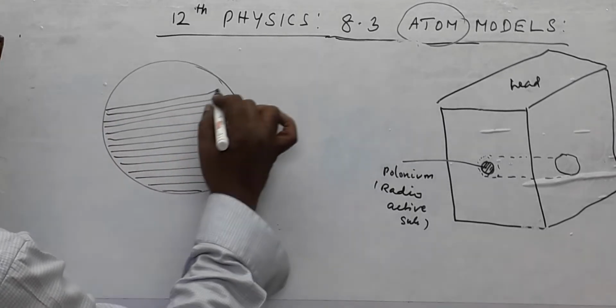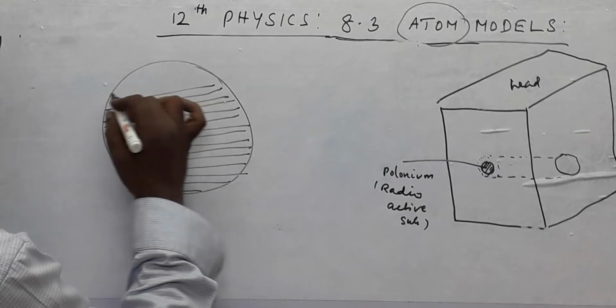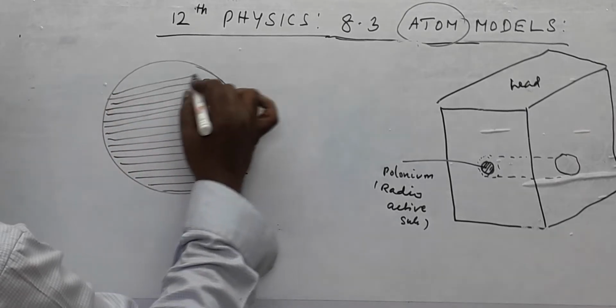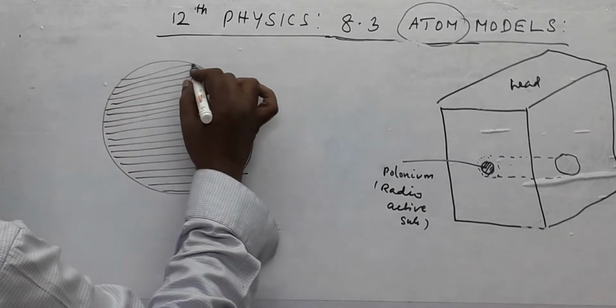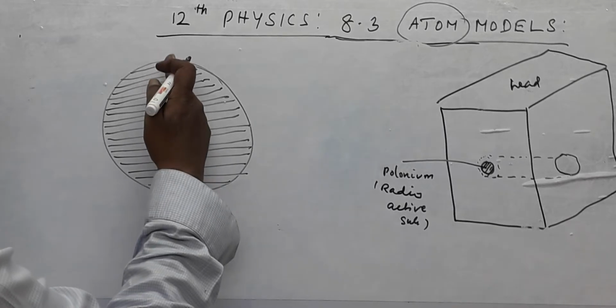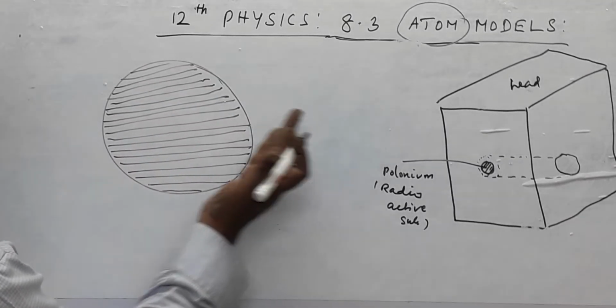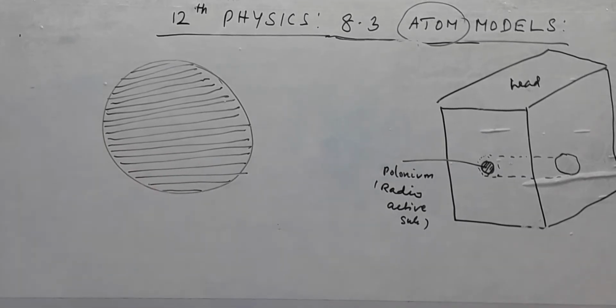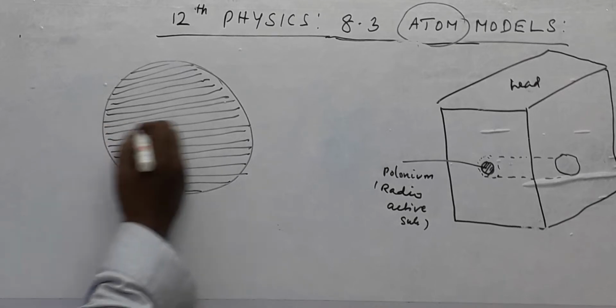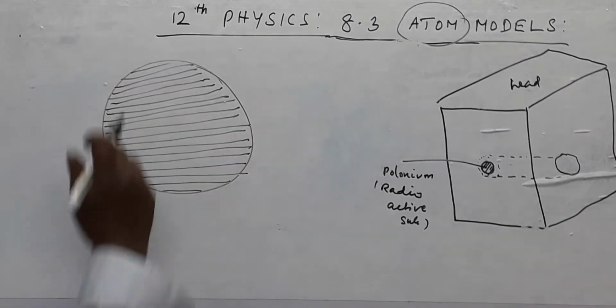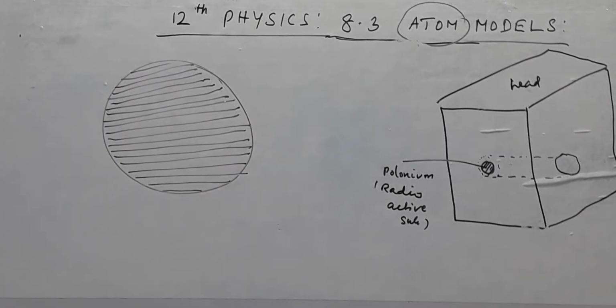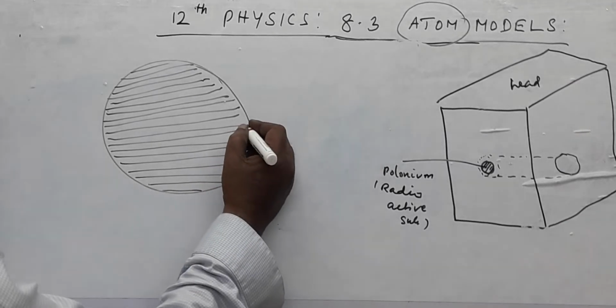If you bisect this sphere into half, the positive charge in both halves is equal. Likewise, if you divide it into four, all four parts are equal in positive charge. That is the even distribution of the positive charges.